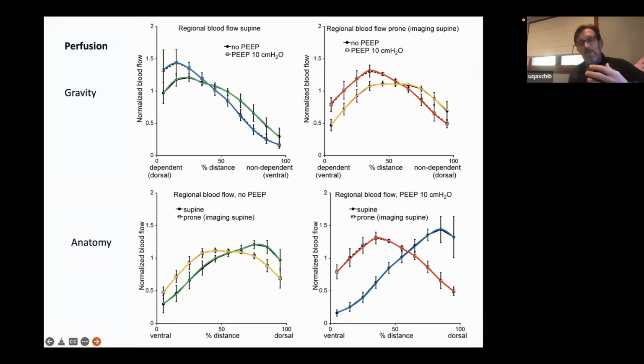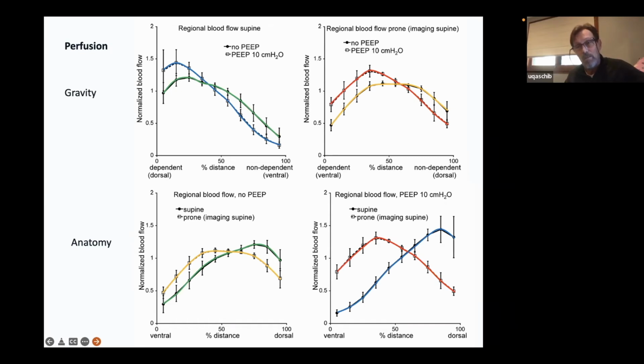So if we talk about prone position, we need to talk about PEEP at the same time. It's not just that prone position on its own improves perfusion or the ventilation-perfusion relationship; it is PEEP dependent as well. So there's much more work to be done in disease if we want to establish a relationship between ventilation and perfusion, because the third factor we need to consider is the PEEP that we apply.